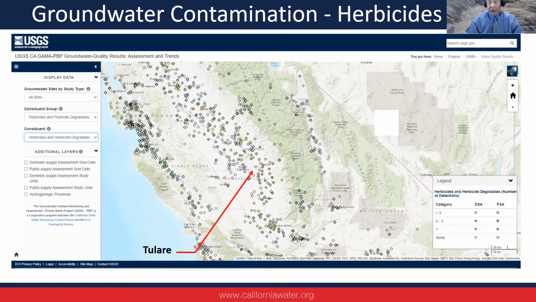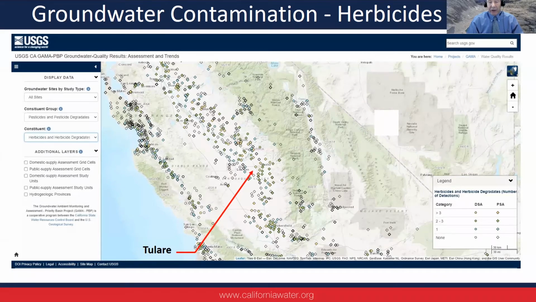You'll start to see the residuals of those pesticides and herbicides leach into the groundwater through movement of precipitation onto the crops, and then percolation and pickup of those degradants by the percolated water as it moves down into the groundwater table. And again, you can see that there are significant numbers of these wells showing a significant amount of contaminants in samples.